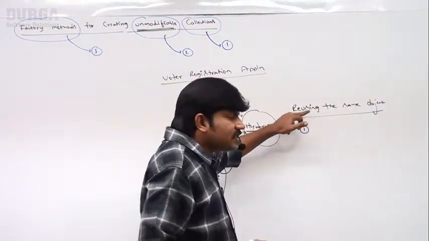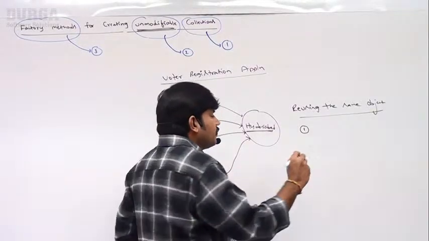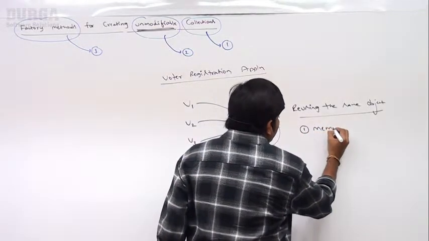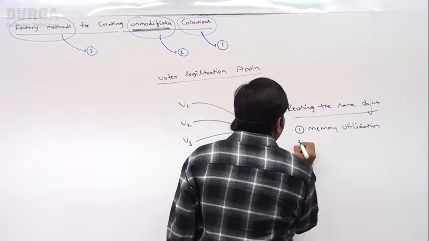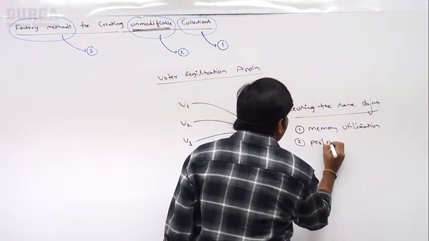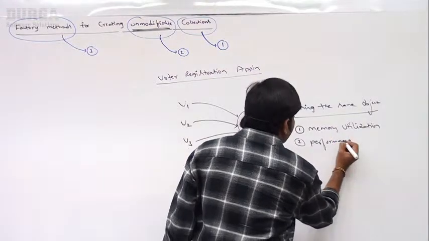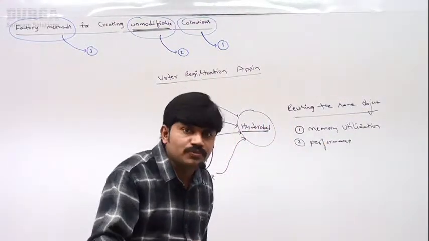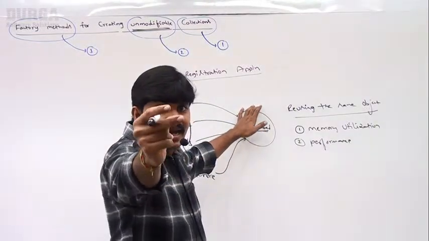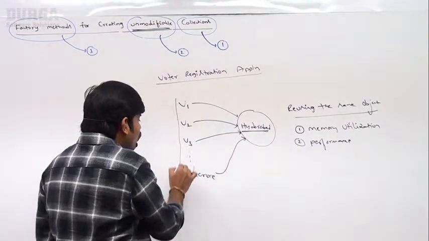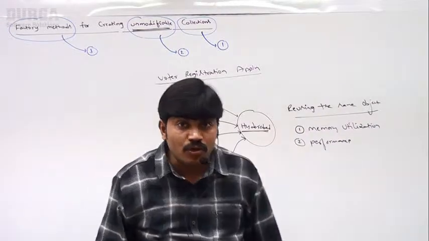That's why the biggest advantage of reusing the same object is that memory utilization will be improved. Performance will be improved because we are not required to create 1 crore objects. We can create only one object, and with that object I can manage 1 crore voters or 1 crore references.